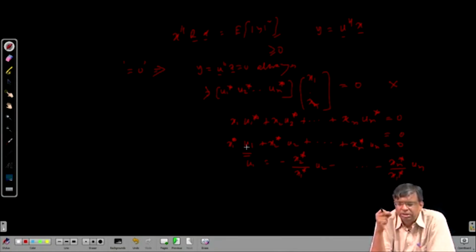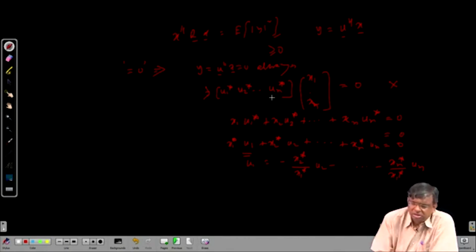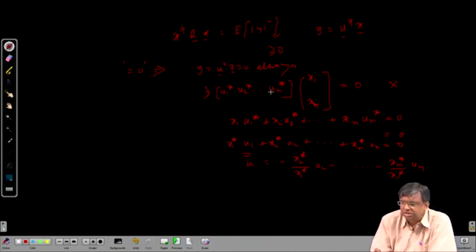So we assume that does not happen. There is no linear relation between these random variables, between any pair or more, maybe between 2, between 3, or between all n of them, and none of them is a 0 random variable. That is, none of them takes 0 value in all experiments, which is a very practical case.